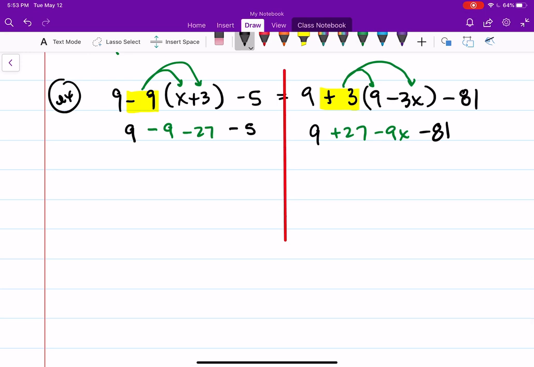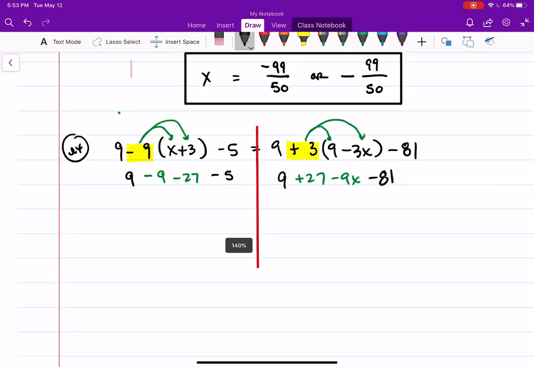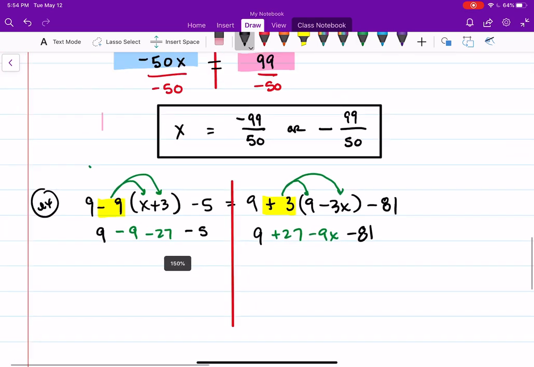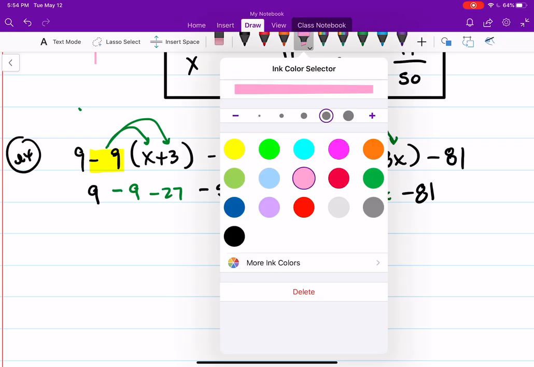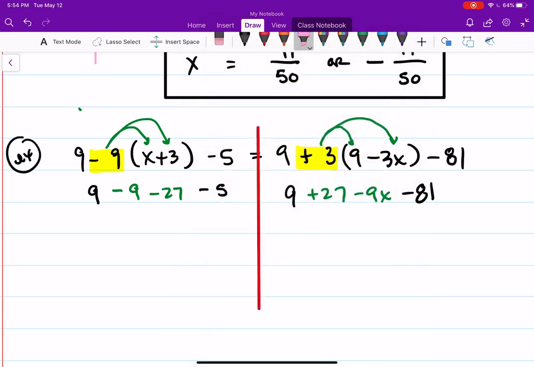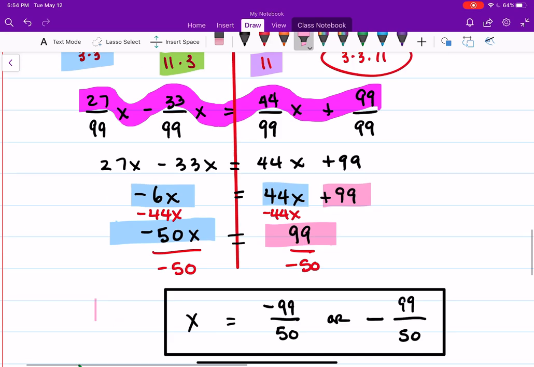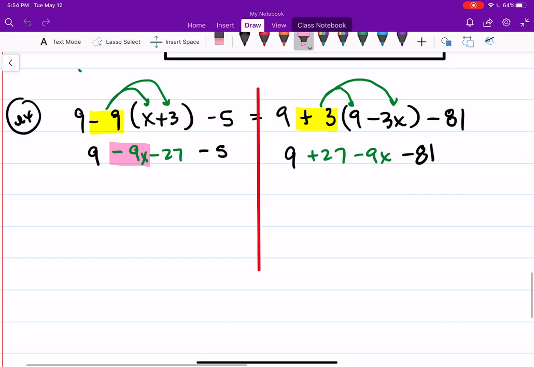Then I'm going to combine like terms on the one side. Numbers are pink, variables are blue. I got the 9, the -27, the -5, the 9 on this side, 27, and the -81.